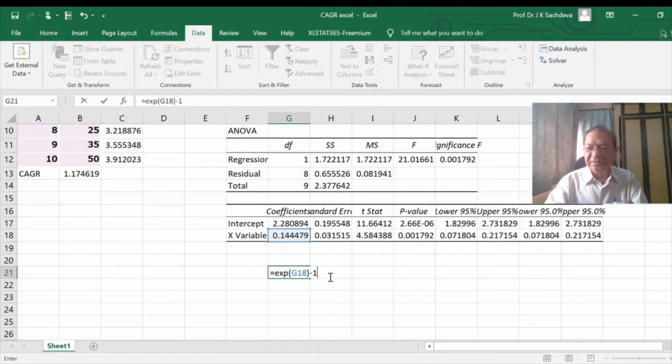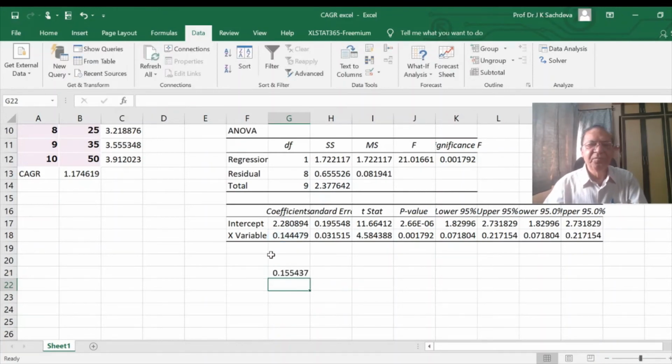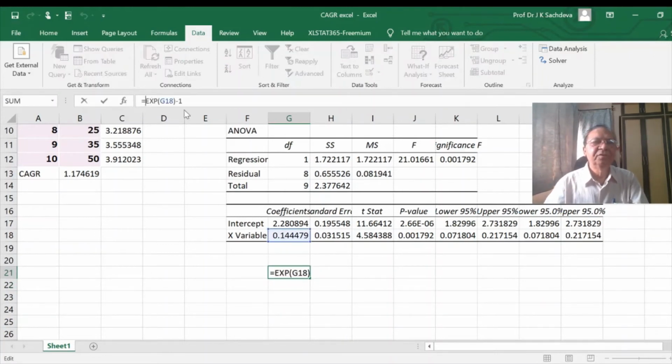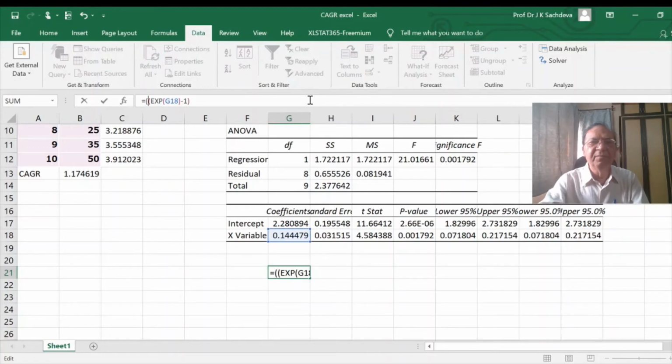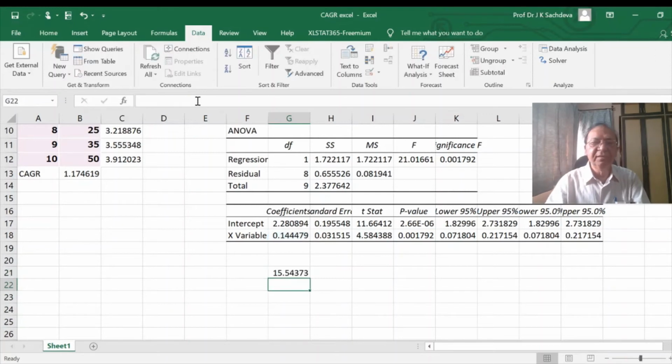That will give me this. Now I can multiply it by 100 to get my compounded growth. So this will give the compound growth rate.